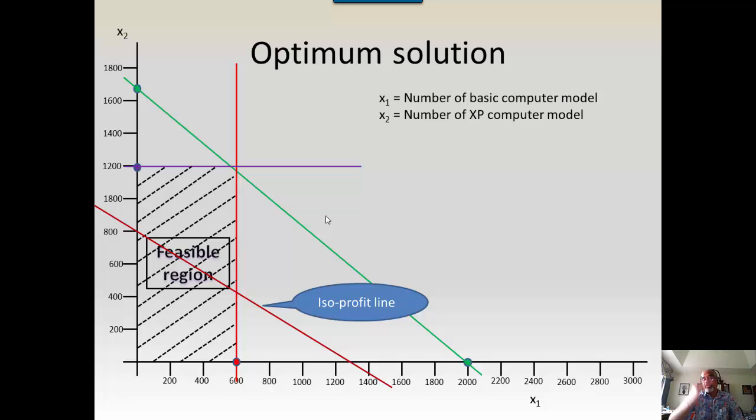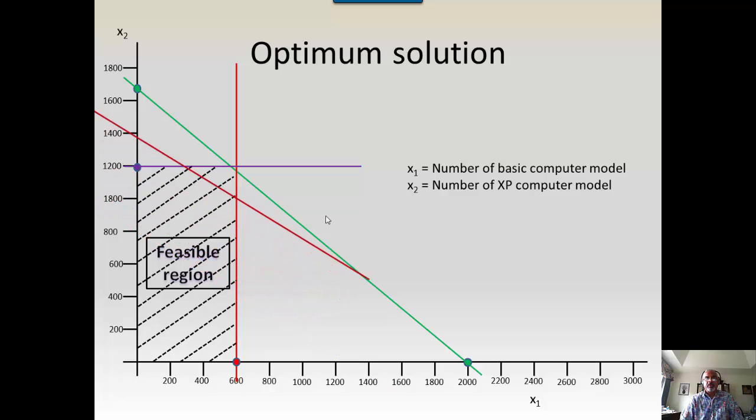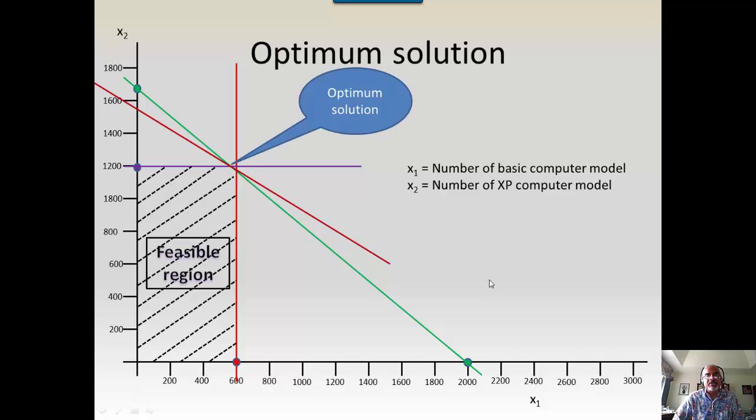So we need to increase this only up to the point that you're still touching the feasible region and you have not left the feasible region completely. So this is the point of the maximum profit that is possible. That is, you're able to move the profit line to the maximum only when it touches that particular point. So that point is our optimum solution.